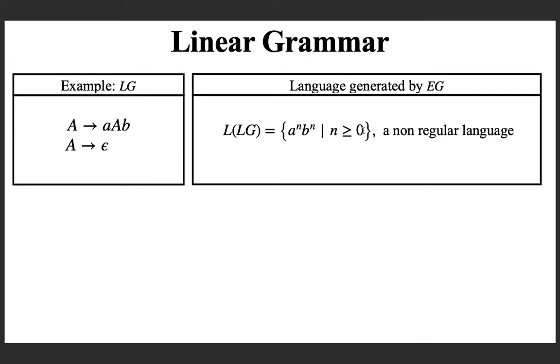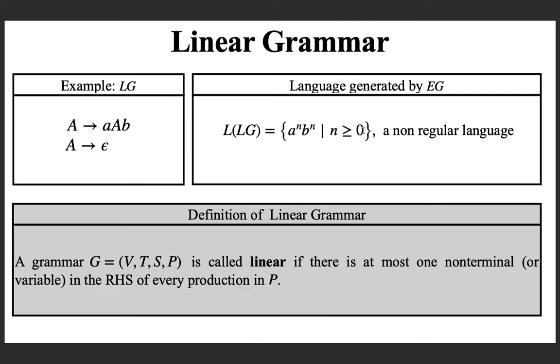Okay, and formally a grammar G with this as the set of variables, this as the set of terminals, the start symbol and set of rules or productions, that grammar is called linear if there is at most one terminal or variable in the RHS of every production in P. For example, here in the RHS only one variable and here no variable.